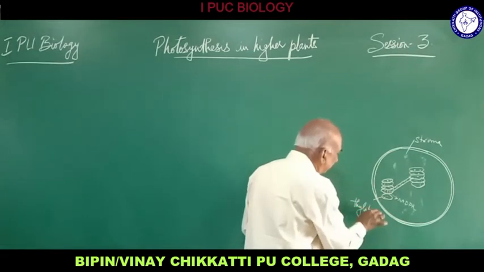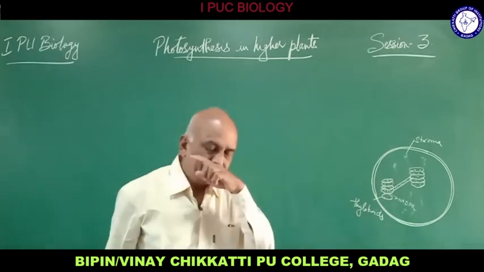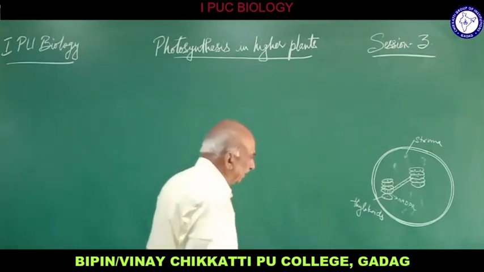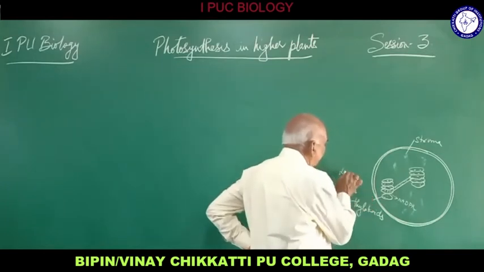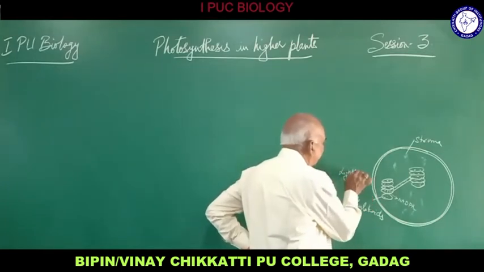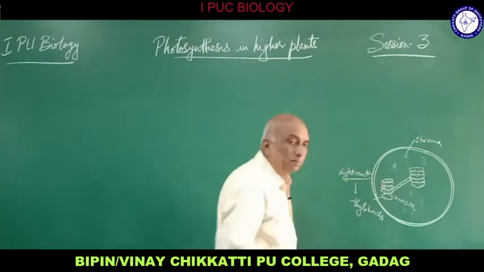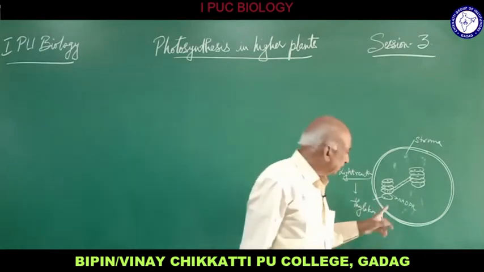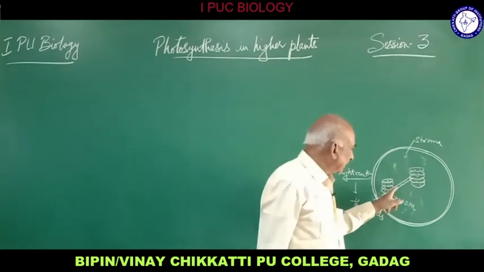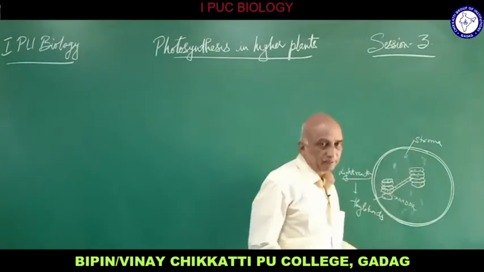The thylakoids contain photosynthetic units, that is the photosystems 1 and 2. In this thylakoid the light reaction takes place, because for the light reaction PS1 and PS2 are necessary. PS1 and PS2 are present only in the thylakoids and in the stroma lamellae, but not in the stroma fluid.